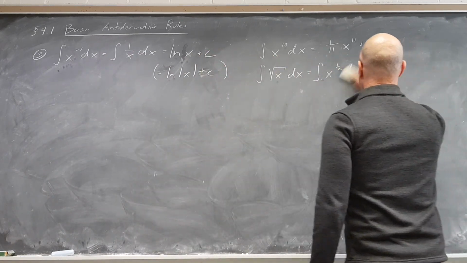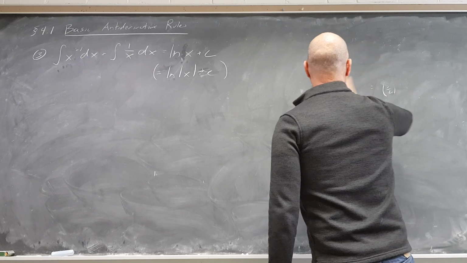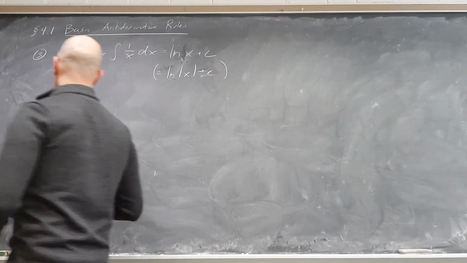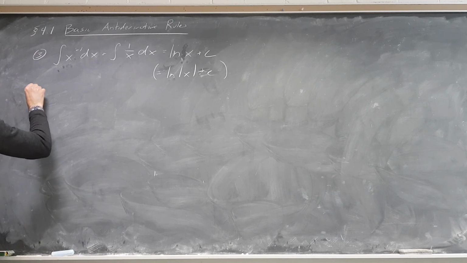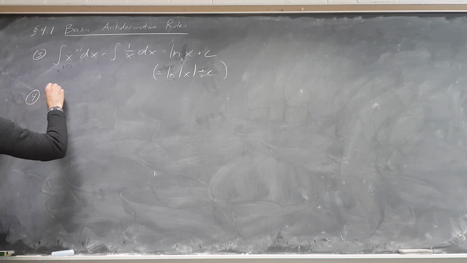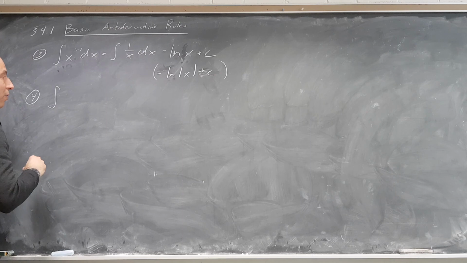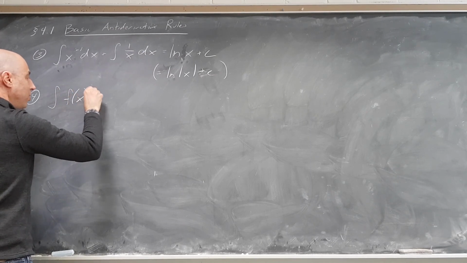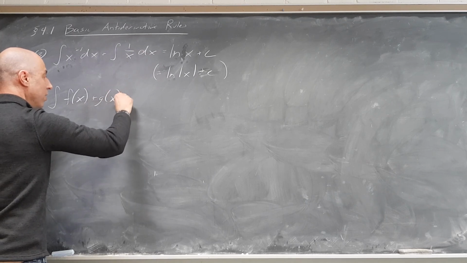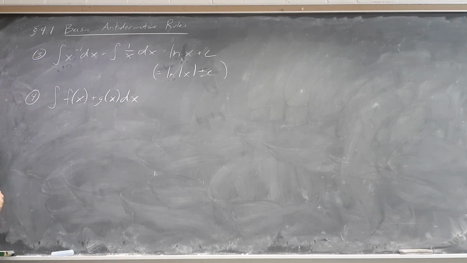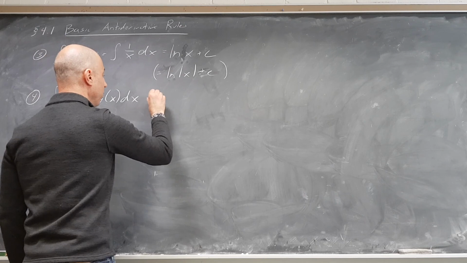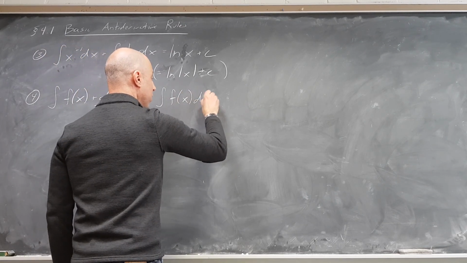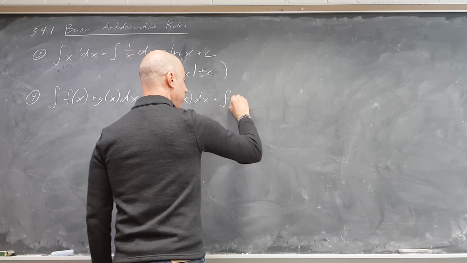Let's now talk about two rules that you've seen over and over again. The antiderivative of f of x plus g of x dx is equal to the antiderivative of f of x plus the antiderivative of g of x.